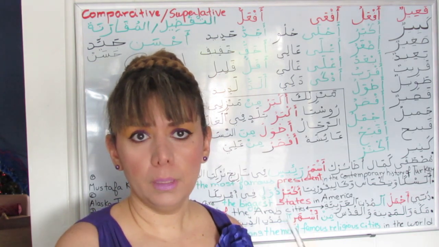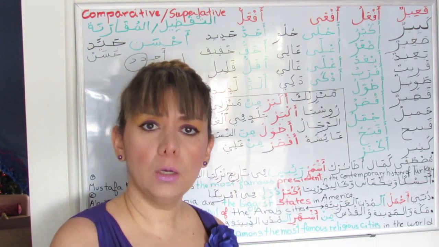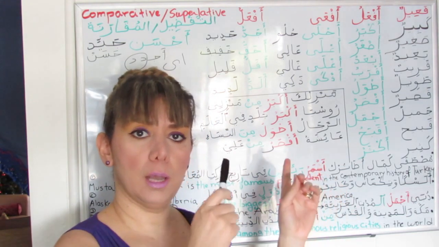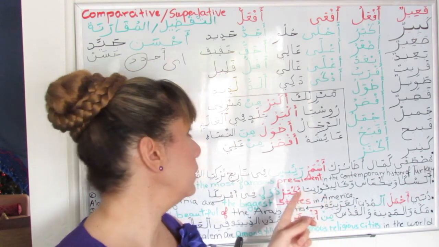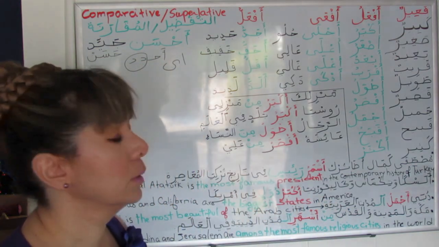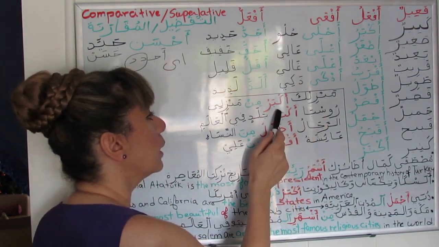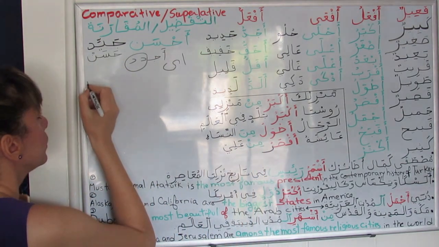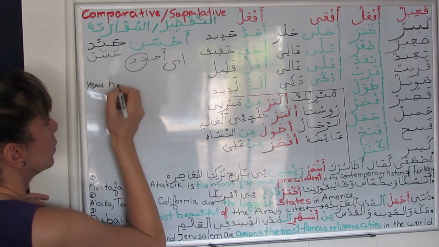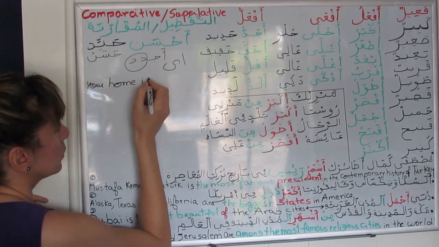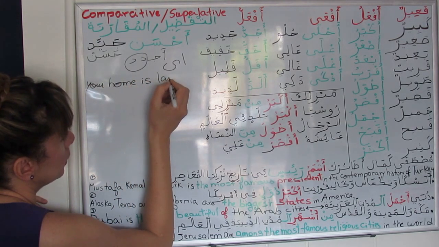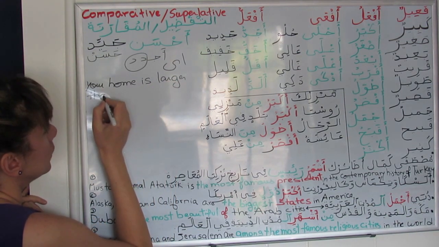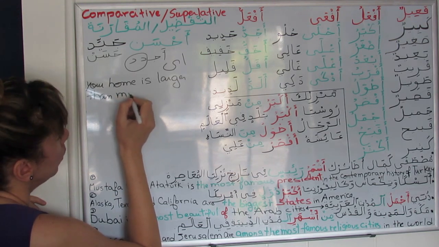Here min means than when it's preceded by the relative adjective. Okay? For example, منزلك أكبر من منزلي. منزلك, your home, is larger or bigger, larger than min, than my home or mine.